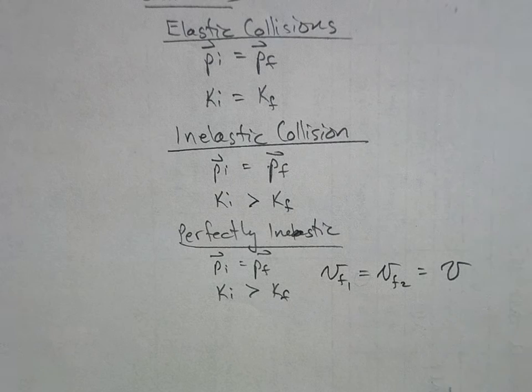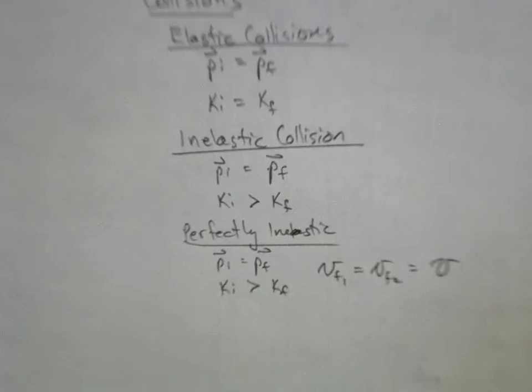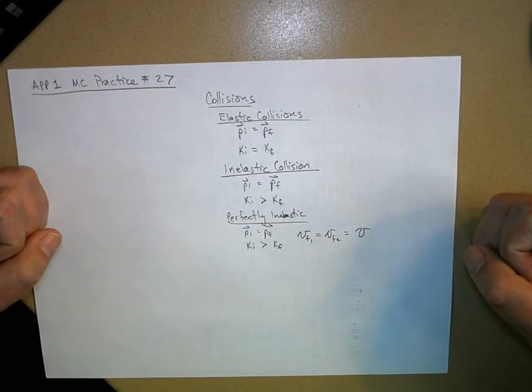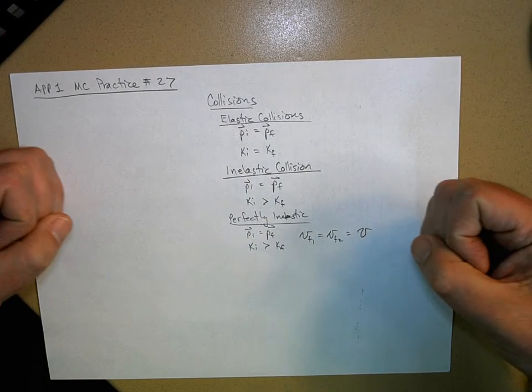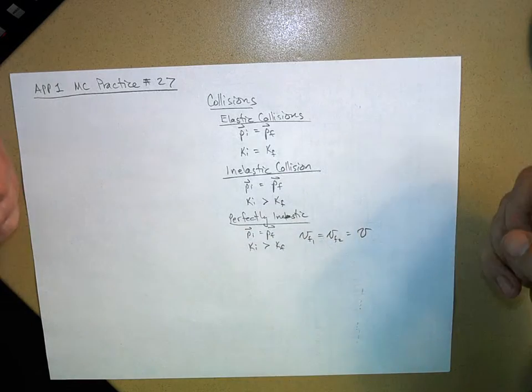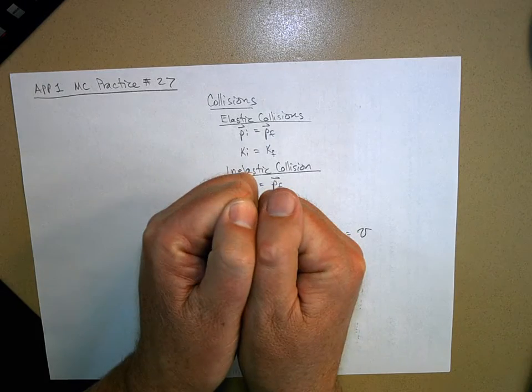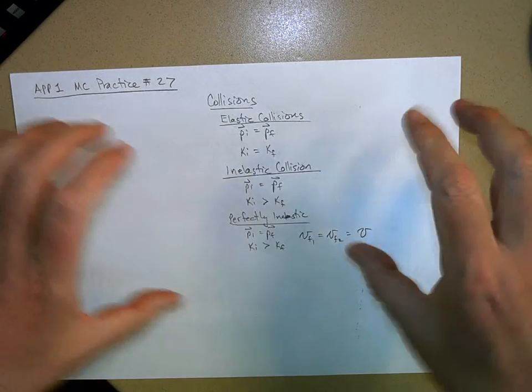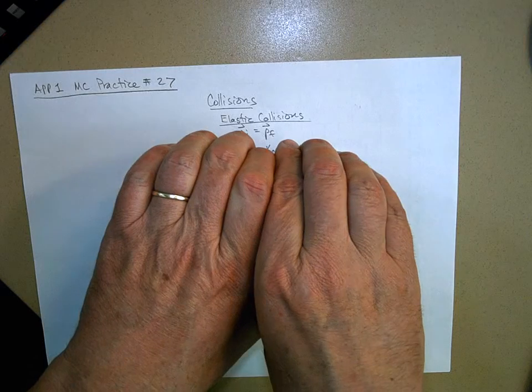Now, here's how you can lose all of it. So let me zoom out a little bit. If I have two objects that are coming together like this, equal and opposite velocity, everything's the same, and then they stick together. I think we did this with the cars, where you had Velcro and they stuck together.